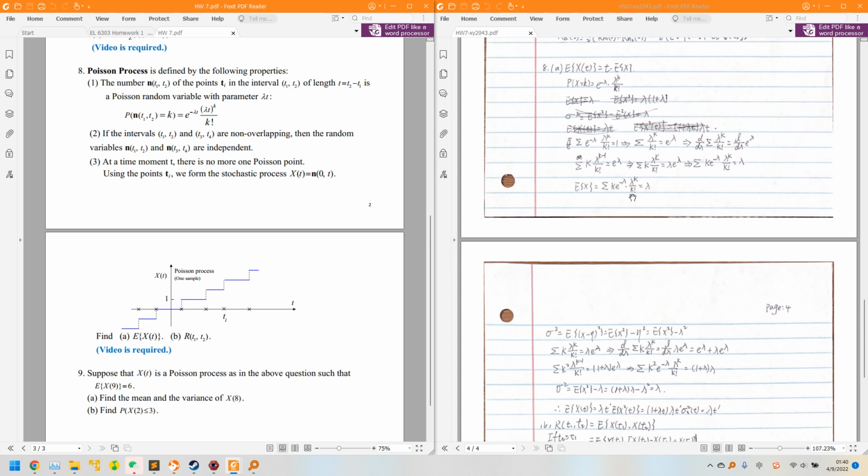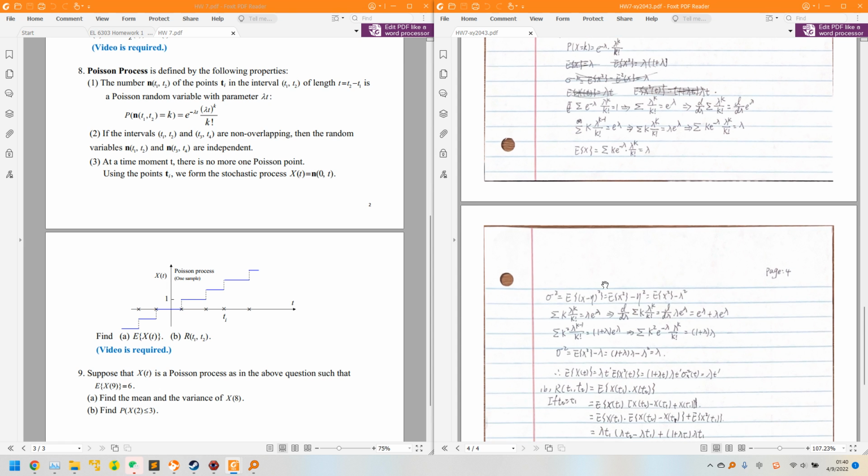So the expectation of X is lambda, and for the variance, sigma squared is the expectation of X squared minus eta squared, which is the expectation of X squared minus lambda squared.